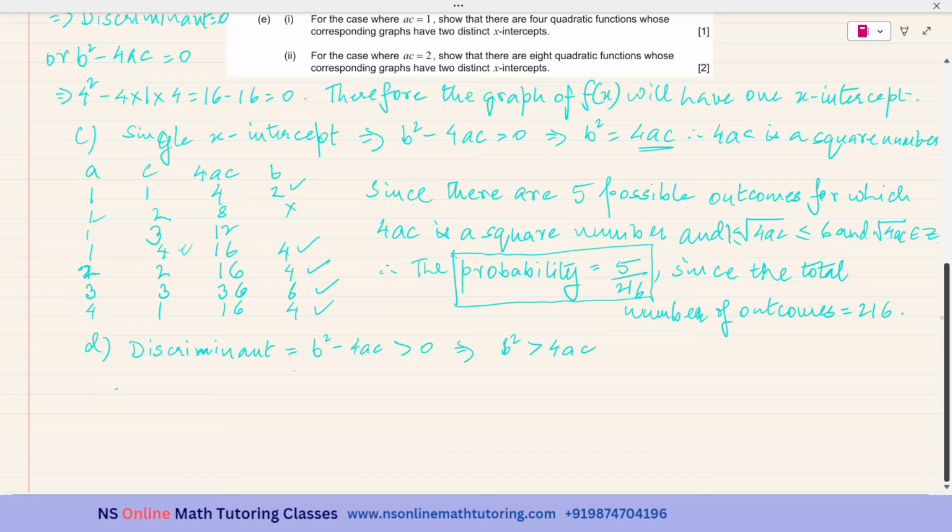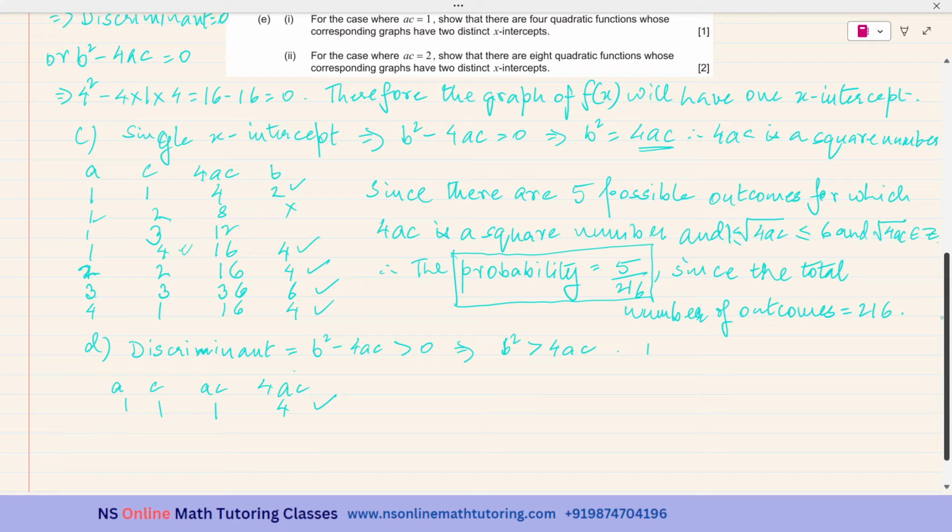Let me again get the products of A and C. This is A, C and 4AC. Let me write this because b square should be greater than 4AC. So 1, 1, 1. Yes, we have possible.